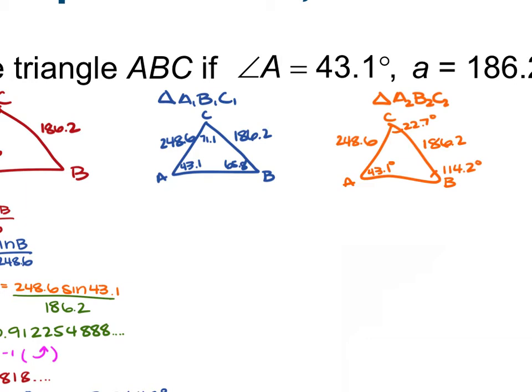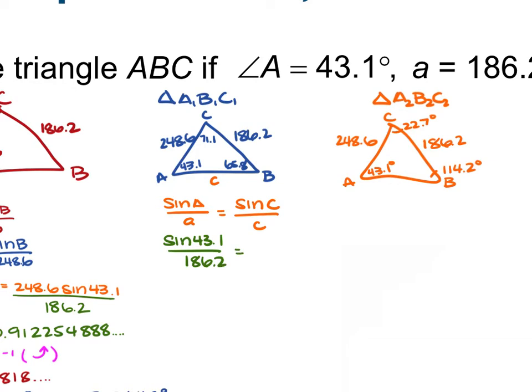If we work with the triangle A1, B1, C1 first to find side length C, again, I'm going to use what was given to me. I had my angle A, I had my side length A, so I'm going to use the sine of angle A over A is equal to the sine of angle C over C. We said that the side length A and the angle A would give us sine 43.1 over 186.2.